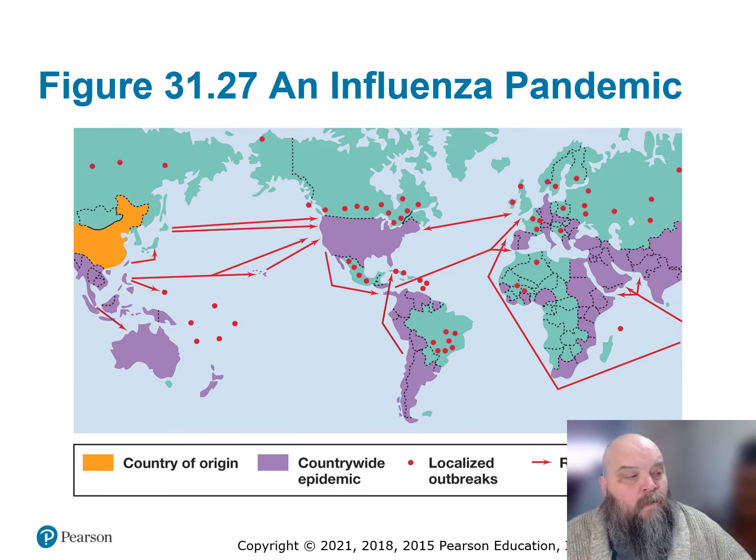Which is why, if you look at the arrows, all roads do not lead to Rome. All roads lead to China. Even though it's a big, huge country, most of the population is centered up and down the eastern seaboard.